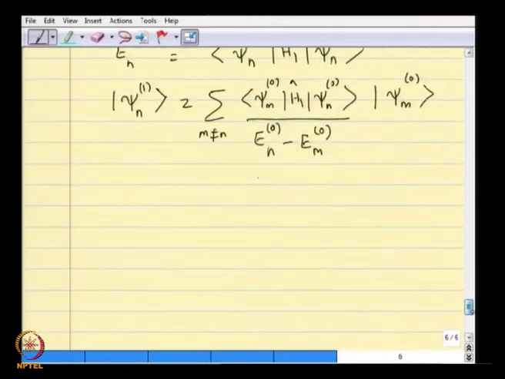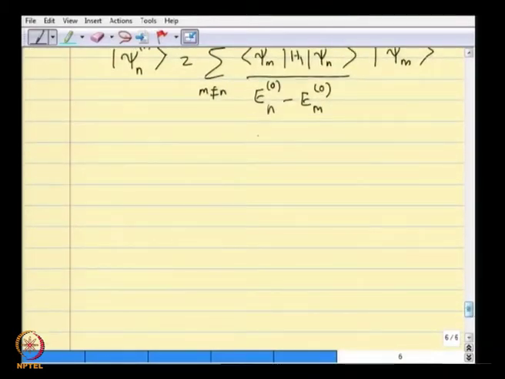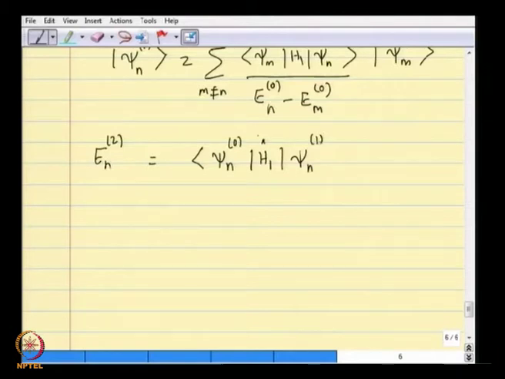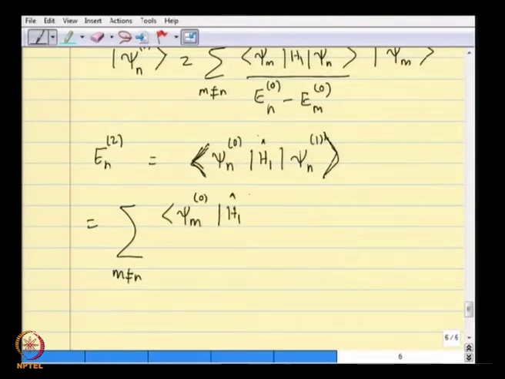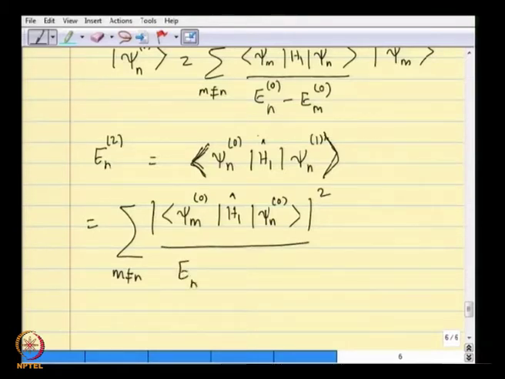And finally the energy correction to second order, E n 2, is given by psi n 0, H1, psi n 1, and that was given as the sum over m not equal to n of the absolute square of psi m 0, H1, psi n 0, divided by E n 0 minus E m 0.